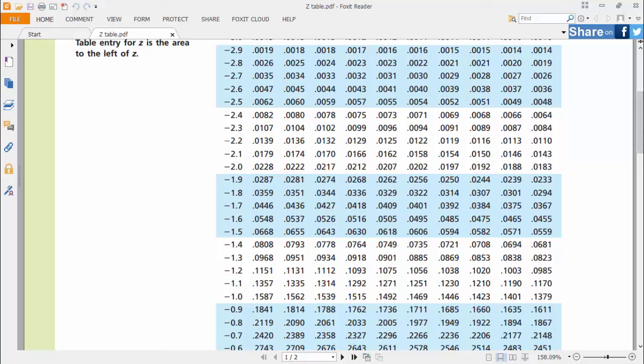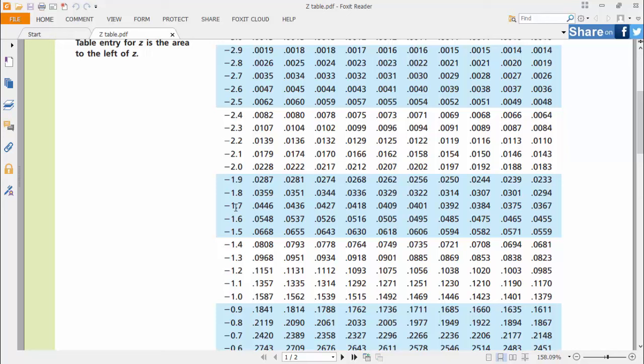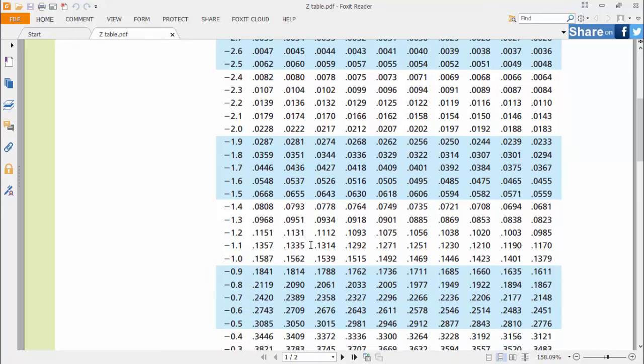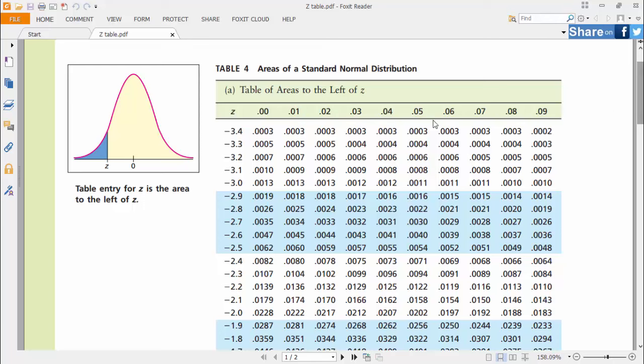Then, of course, I have terrible memory. Negative 0.92. Okay, so it's 0.9. There we go. There we are. 0.9. But then where's the 2 part? This is so confusing. You have to go across and find the 2 part up here, which is the 3rd column.